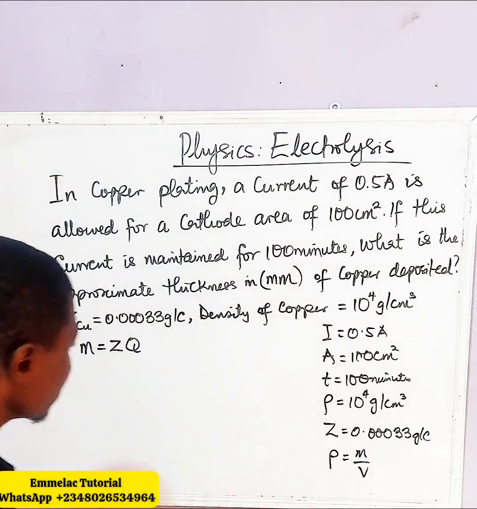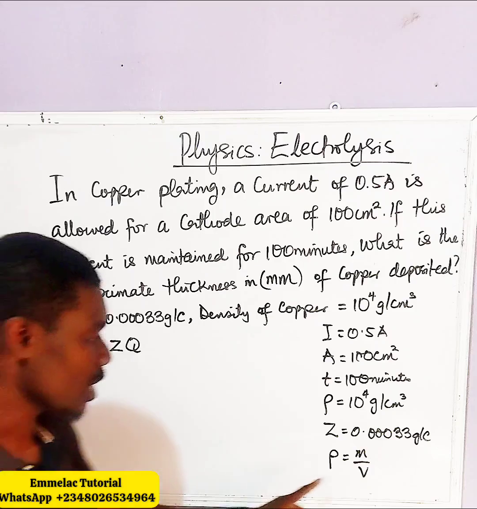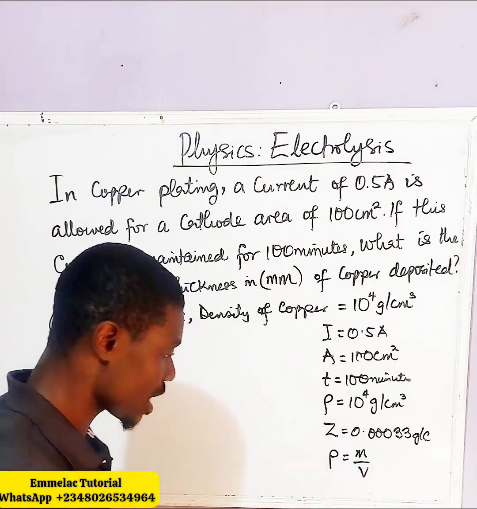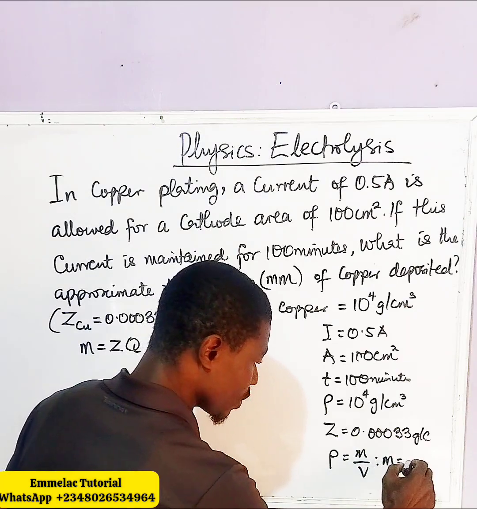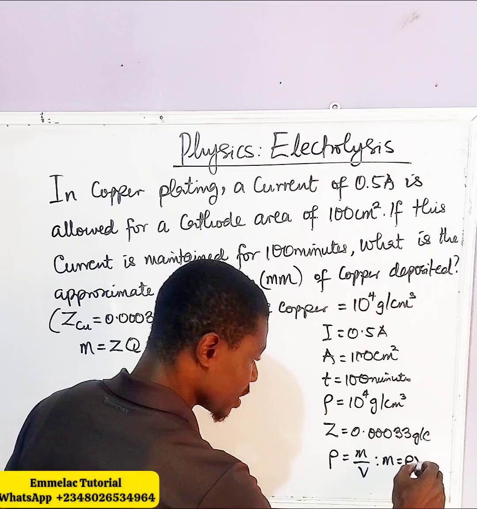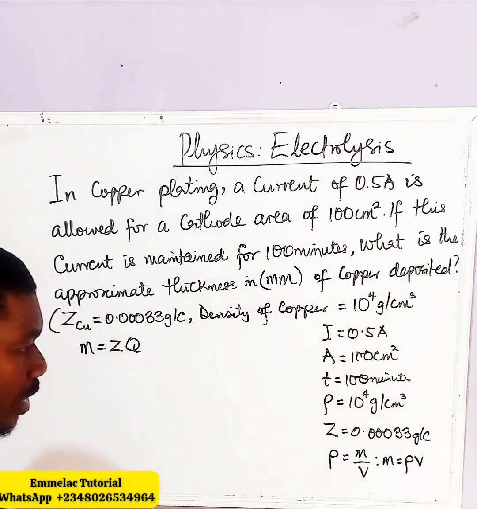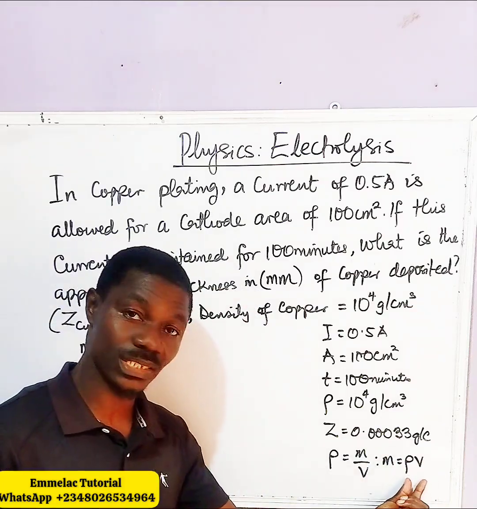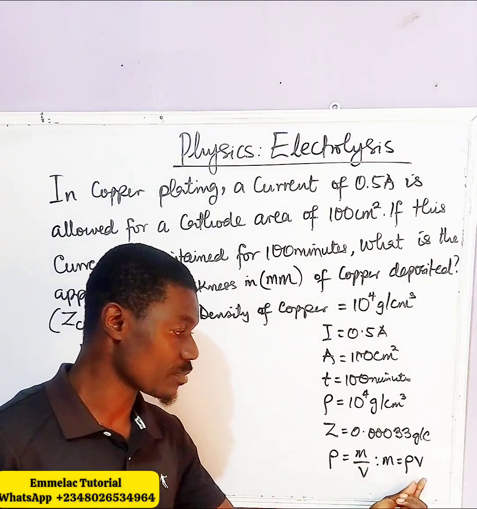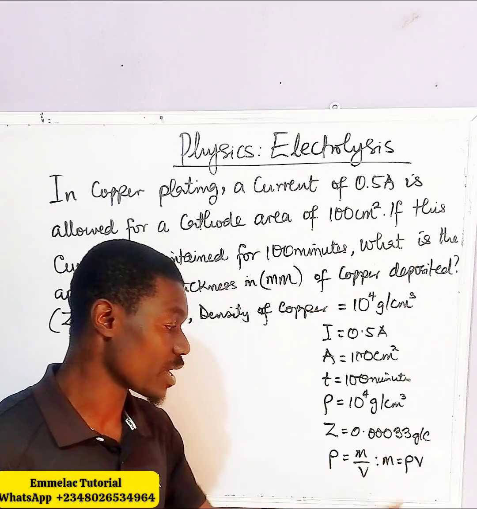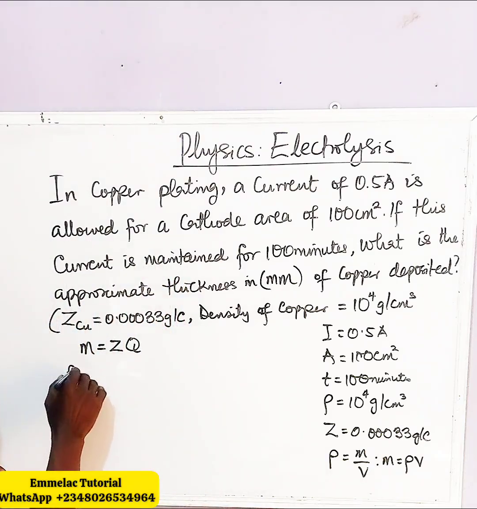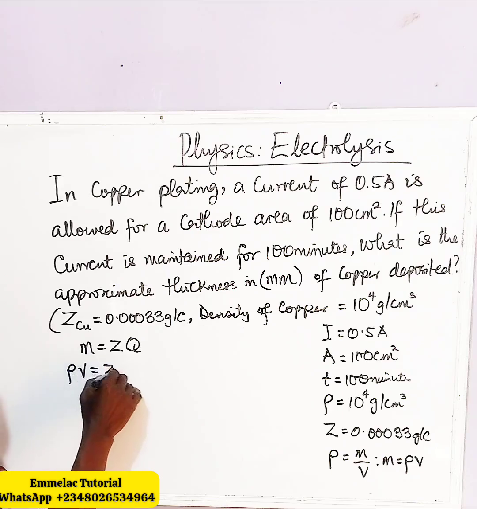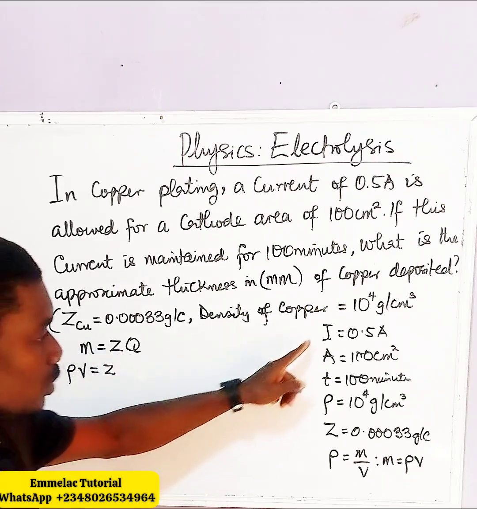Since we're not given the mass, let us make M the subject of the relation. Now that will give us M equals density times volume. Let us replace this M with density times volume. So here we have density times volume equals Z, then the quantity of electricity is what? IT here.